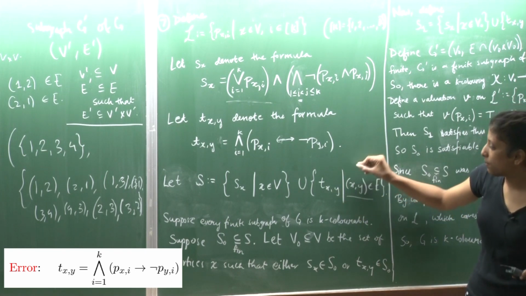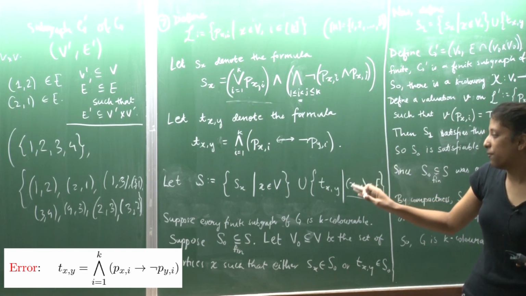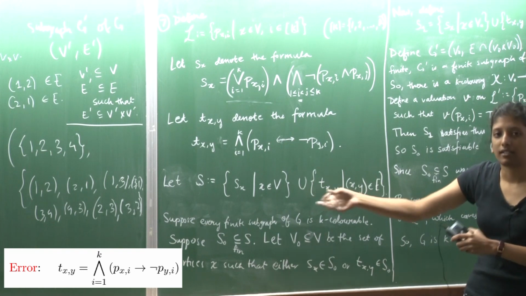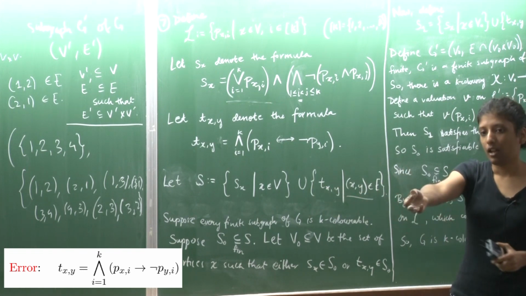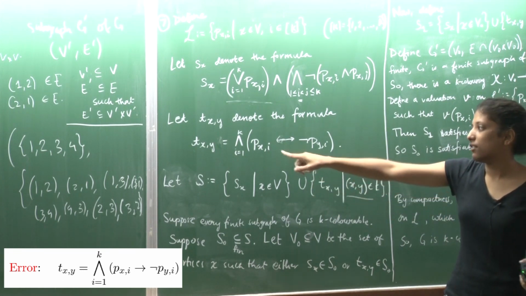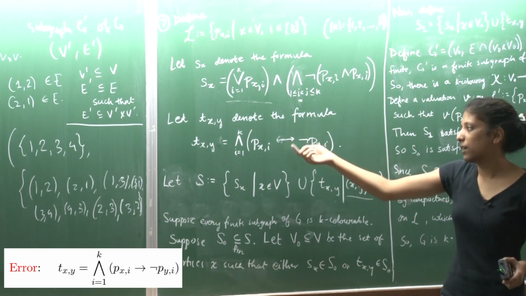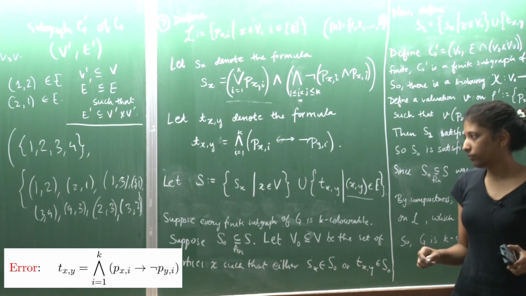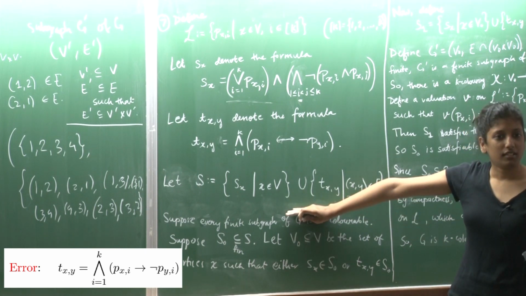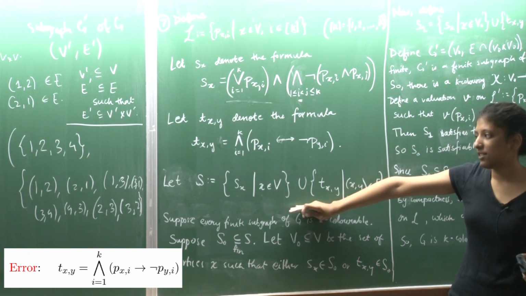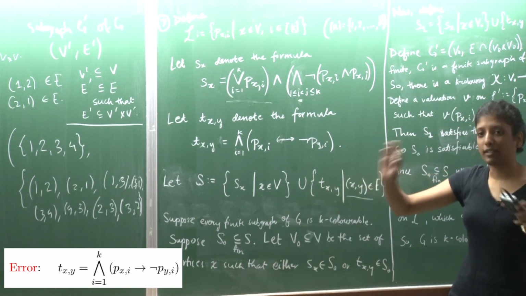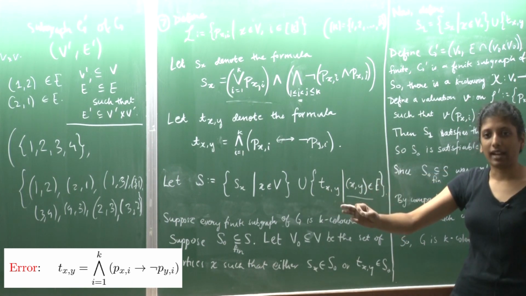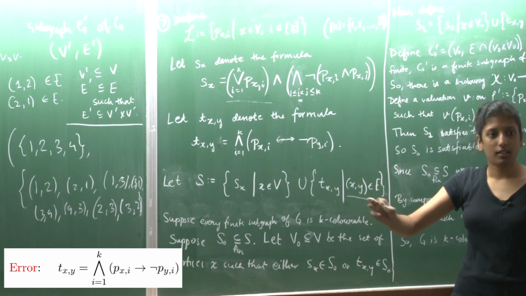And also, because E is symmetric, yx is also going to be here, so Tyx is also going to be here. So as Sriram said, you don't really need both sides. You can have one and it would be fine. Any questions still here? What is this set S? Does everybody understand why we have defined S like this? Okay.